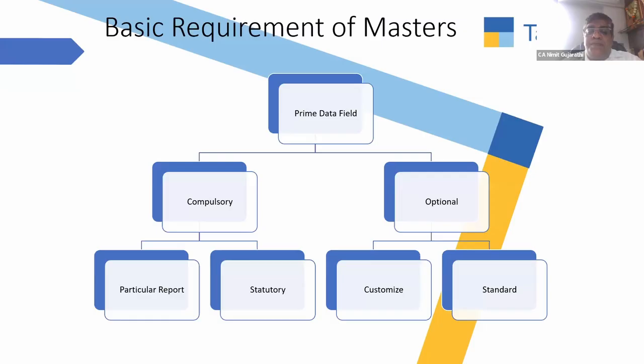Okay, so basically before starting you need to understand the requirement of the client, the requirement of the business, and then segregate the data fields in the master between essential and optional. And see why the field is essential, whether for a particular report or for a statutory requirement, and for an optional field, again whether for standard or for custom.